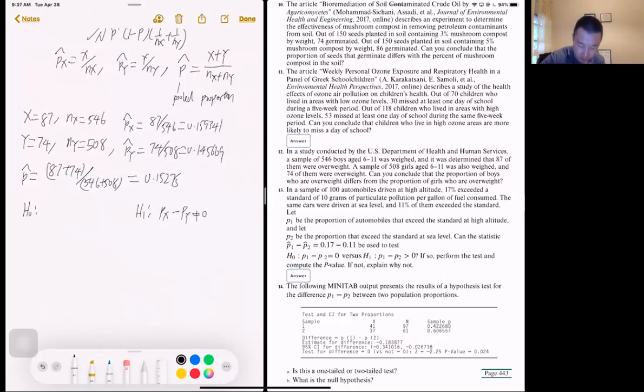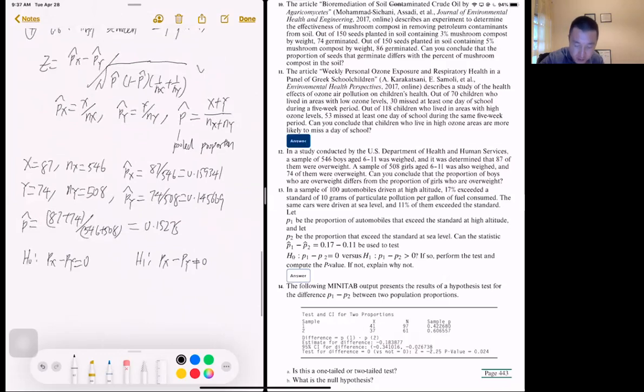So H0 will be the opposite: px minus py equal to 0. Then we calculate the z-score based on this equation, with px, py, the sample proportions, and nx and ny. We just plug in the numbers and calculate the z-score.